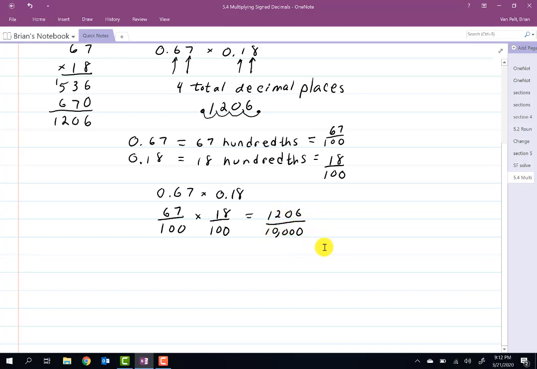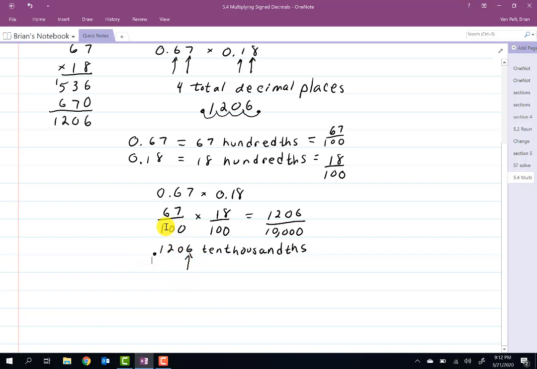So this is 1206 ten-thousandths. With 1206 ten-thousandths, we know that if you're going to have a ten-thousandths spot, it needs to be in the fourth spot. The only way that's going to happen is if the decimal is in front of the 1. So that's why it works.